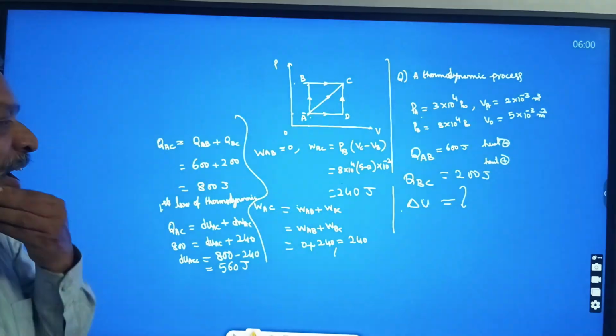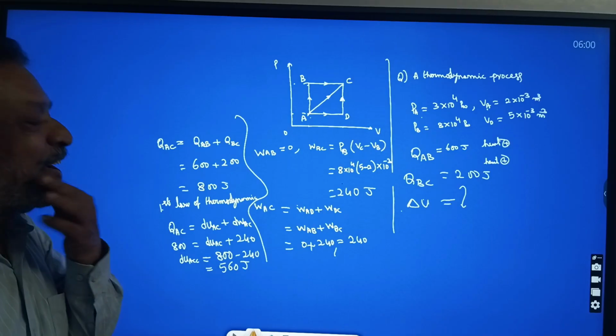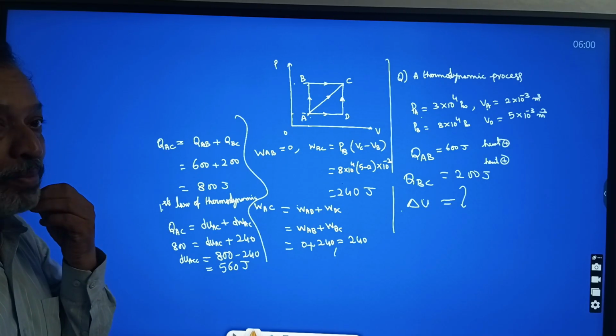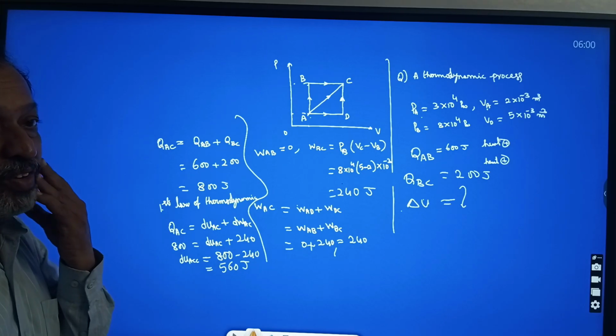In the energy calculation, the mistake I made was with the work done: the unit is joule, but the application is different, so we go by the unit.